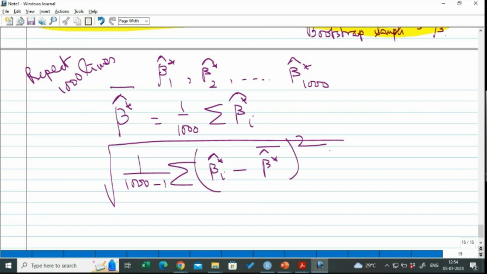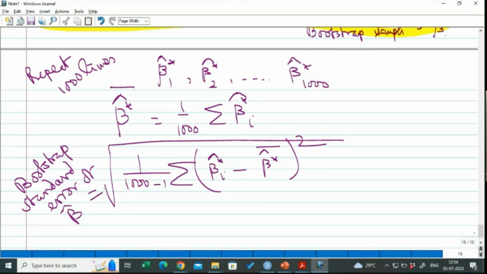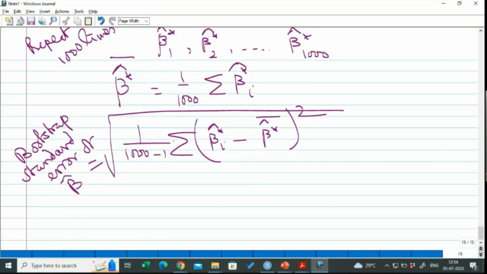It is called the bootstrap standard error of beta hat. And once you have this, based on this you can construct a confidence interval as well for the parameter, right?